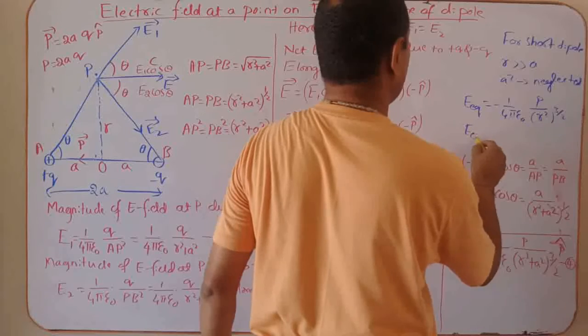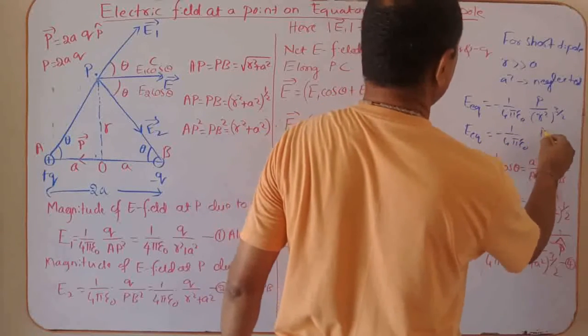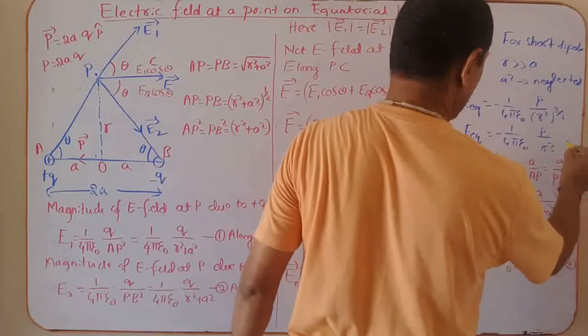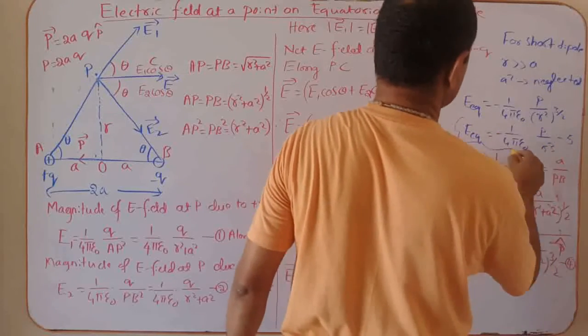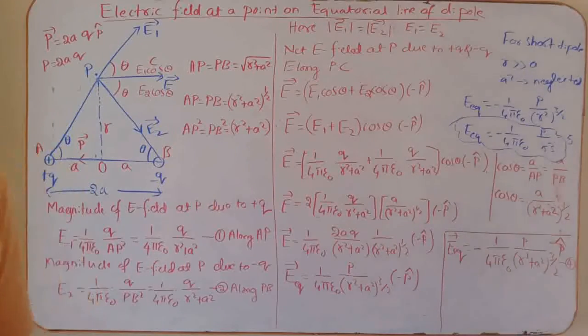So E equatorial is equal to minus 1 by 4 pi epsilon naught P divided by R cube. Equation number 5. This is the electric field at a point on the equatorial line of the electric dipole when the dipole is a short dipole.